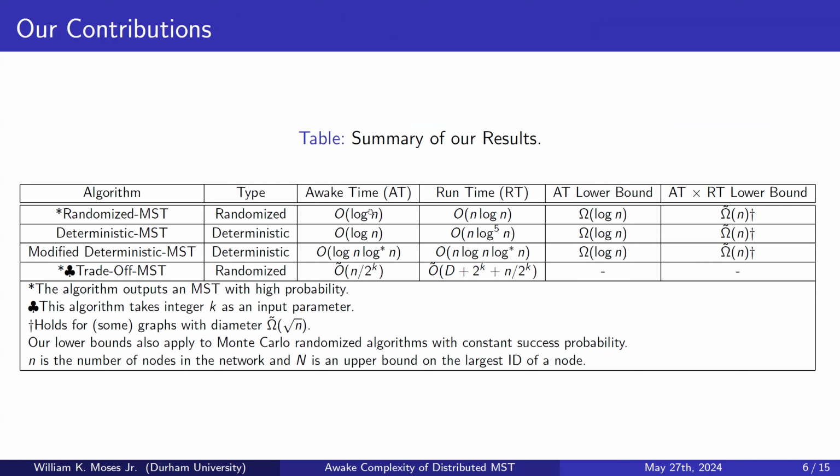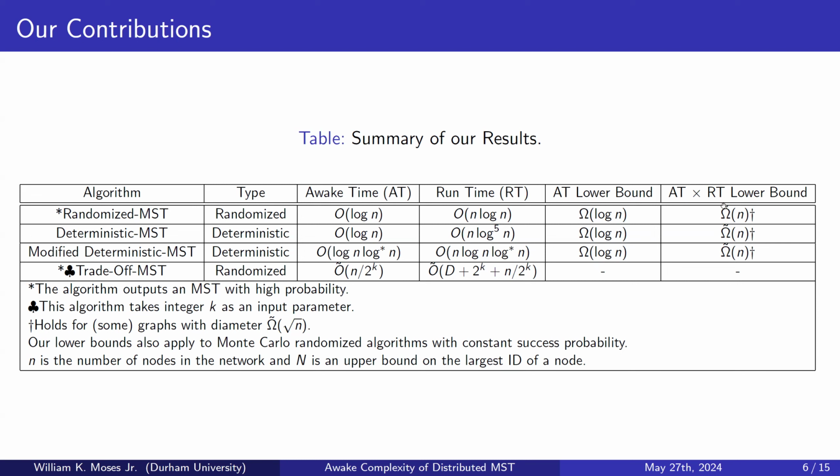But all right, that's the awake time. What about runtime? Thing is, we get a runtime of n log n. And you might say, but wait, wasn't the runtime normally D plus square root of n? Isn't this so much more? To that, I would say, hold on a second, because in this paper, we also show that for any algorithm that's designed to solve MST, the product of awake time and runtime is omega tilde of n.